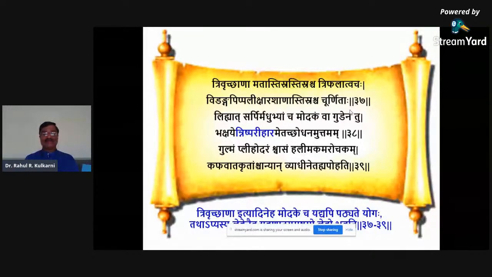And where it can be administered is gulmam pliha udaram shwasa halimaka arochakam kafa vata krutantaschan anyan vyadhin upohatihi. In gulma, pliha, udara, shwasa, halimaka and arochaka, and the other vikaras which are made up of kapha and vata, all those diseases formed by kapha vata along with gulma, pliha, udara, etc. can be relieved by the above said kalpa of Trivrut.